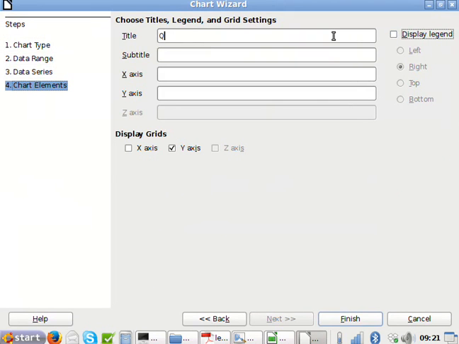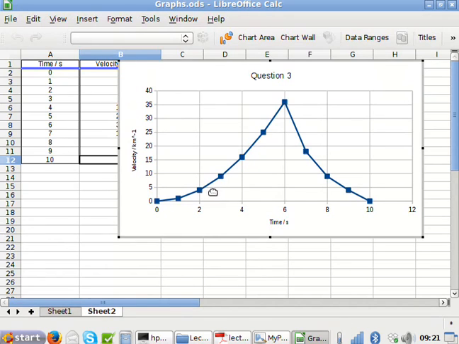Okay. Question 2 now. Time in seconds and velocity is still meters per second? No, kilometers per second. You did meters per second? We'll change it a little bit. Okay.